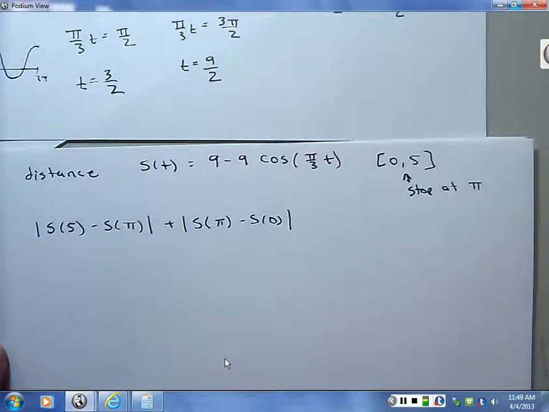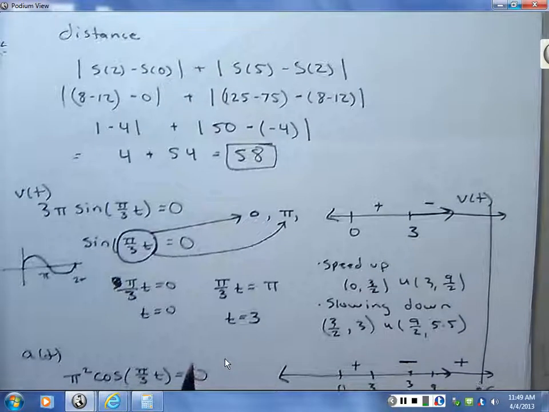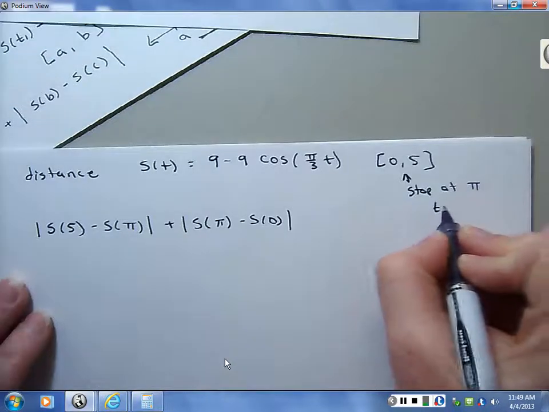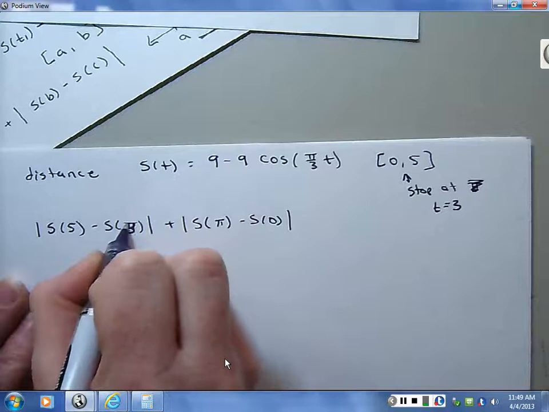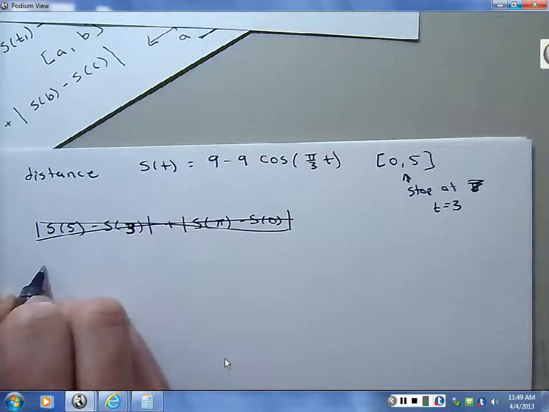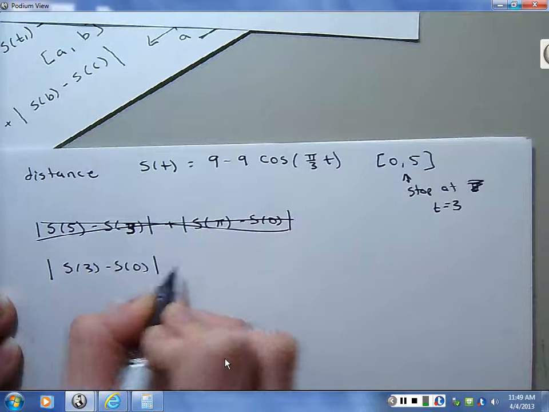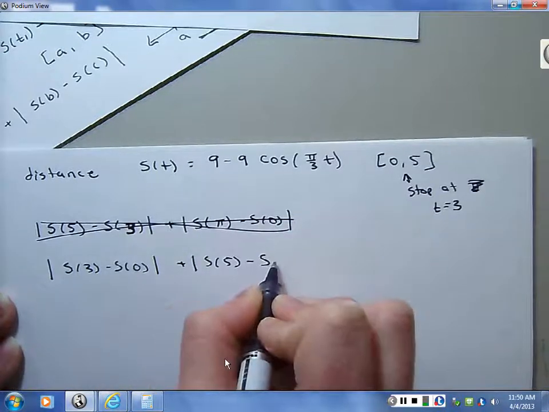Yeah, the velocity equals 0. Where did we say the velocity equals 0? At t equals 3, you're right. Sorry, at 3, not pi. I wrote that wrong. Stop at t equals 3. So let me just write this the other way. This would be s of 3 minus s of 0 plus s of 5 minus s of 3.